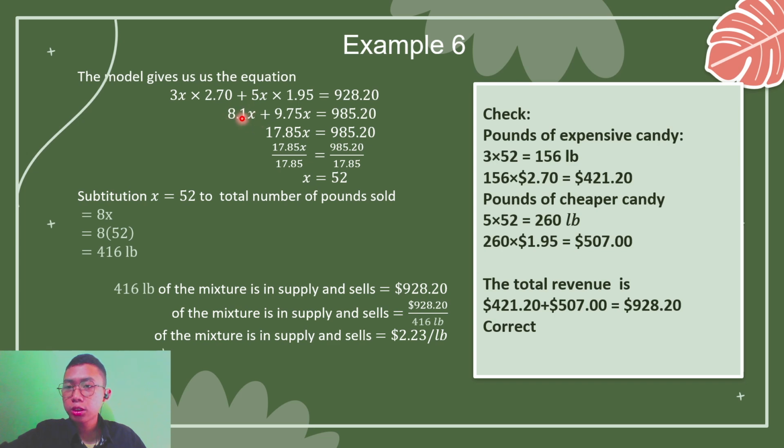Not a typo. 3x times 2.70 is 8.1x, and 5x times 1.95 is 9.75x, equal to 928.20.